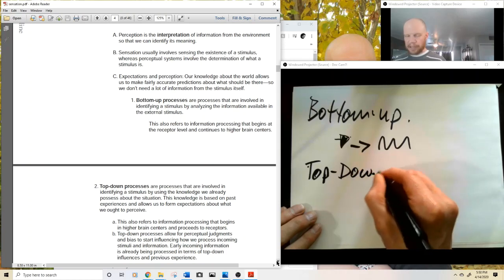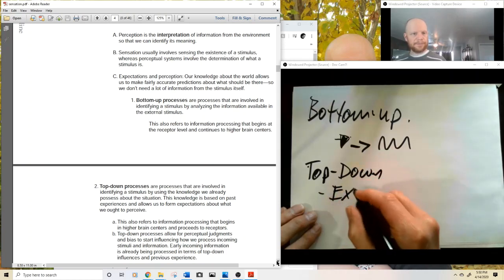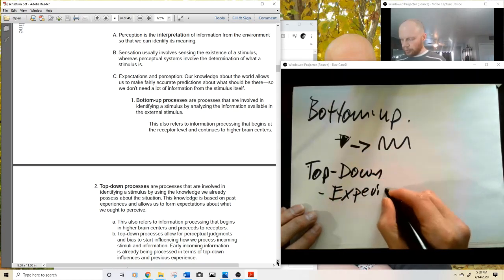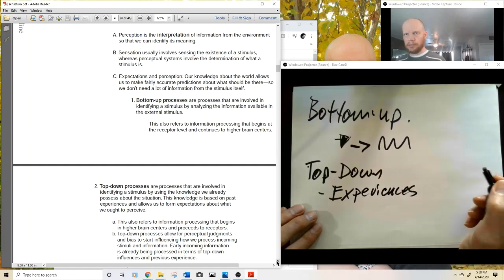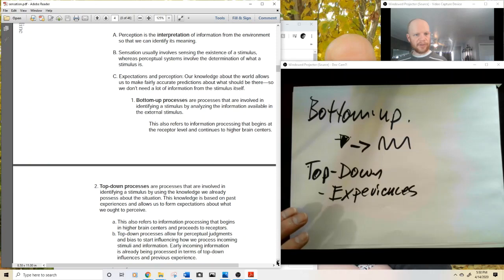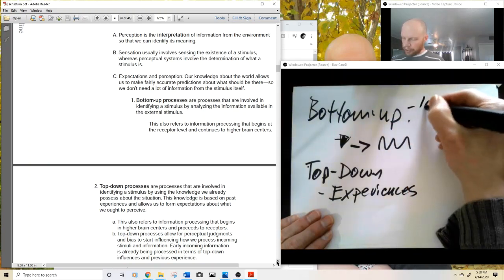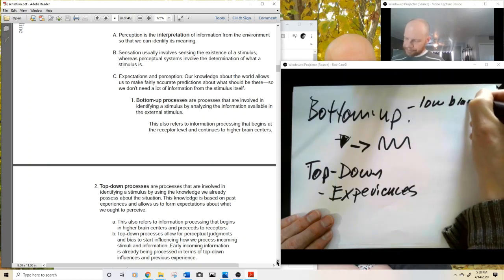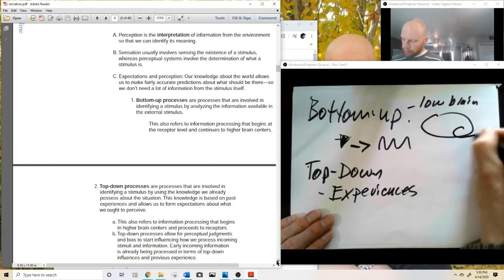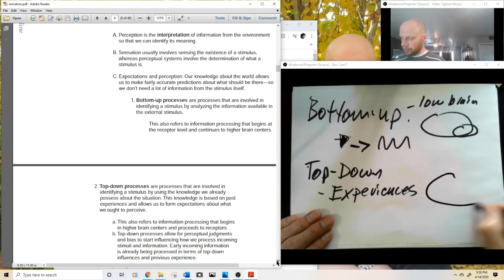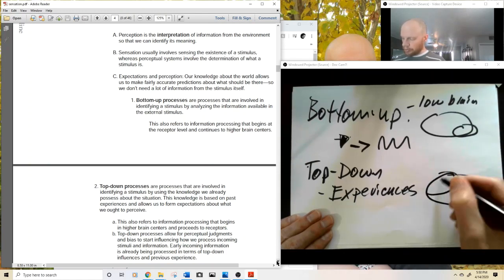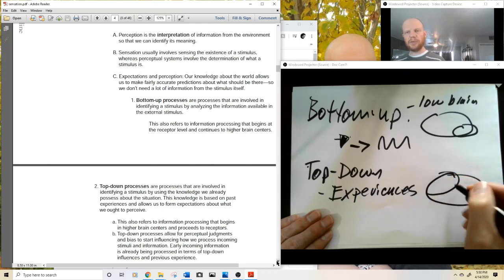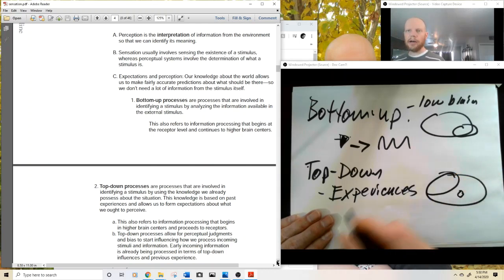And this is based off of experience. So sensations come in. Our experiences through our lives then help us to interpret this thing. This one generally starts with what's called the low brain. So here's your brain right back here where you perceive things. Over here, your higher brain, and so we start with our hippocampus, which is right there.